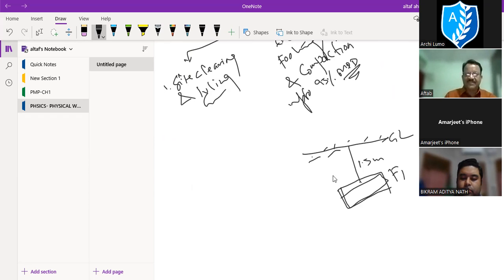Once you have excavated this entire footing, right from here up to here. Try to understand it properly.